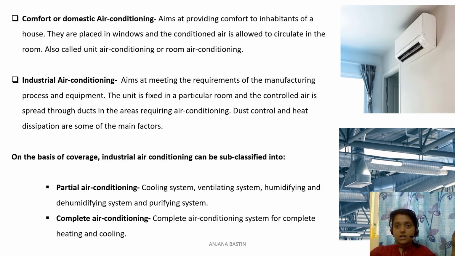cool air is being released, it goes through all those pipes and ducts, and there are certain vents which release that air, like how it's shown in the picture. You see that huge pipe, then you see this pipe which is facing downwards, which has a passage there. So air is passed from that server room, from the central room, through these pipes and ducts, and finally air comes here.